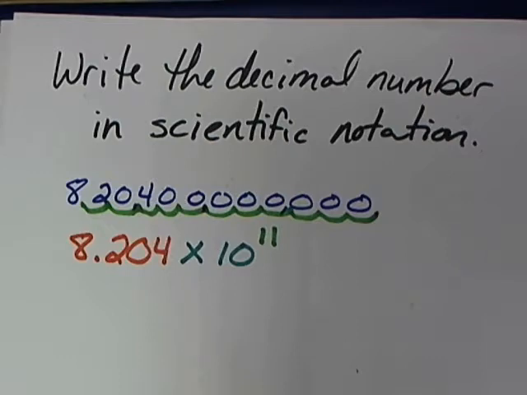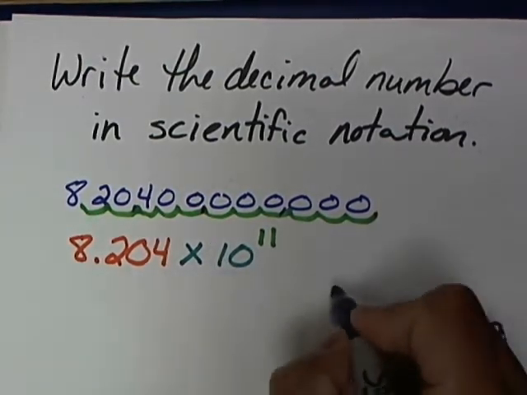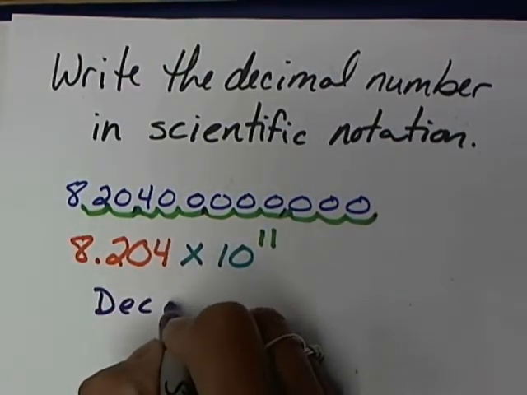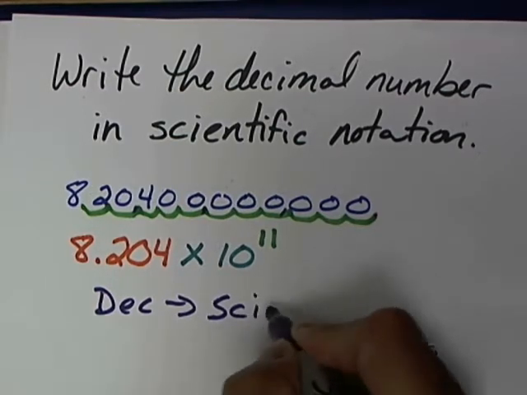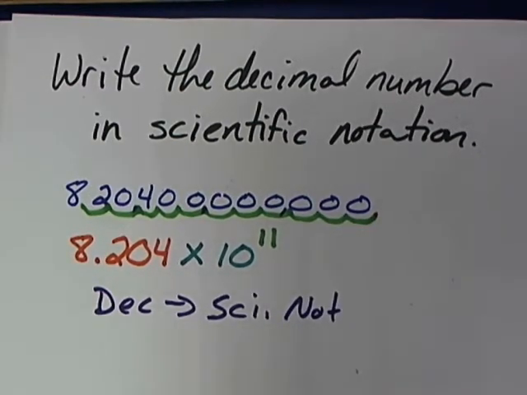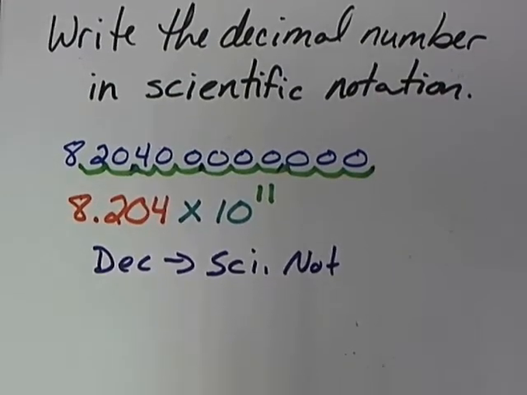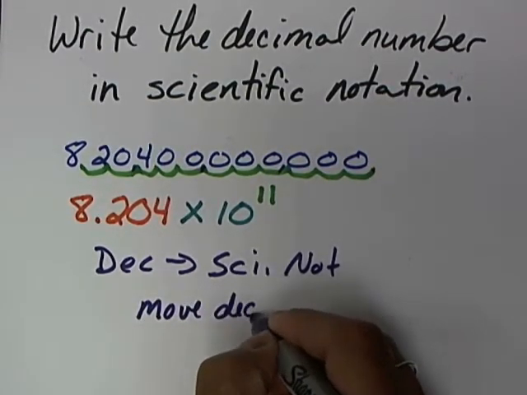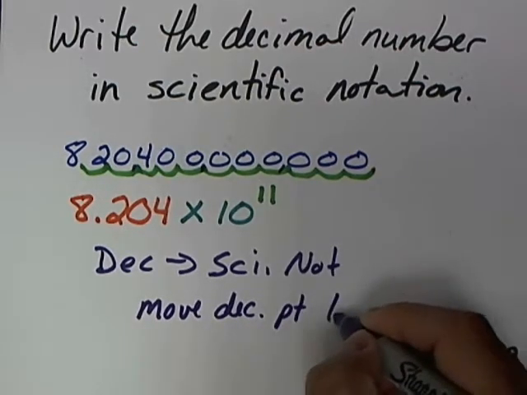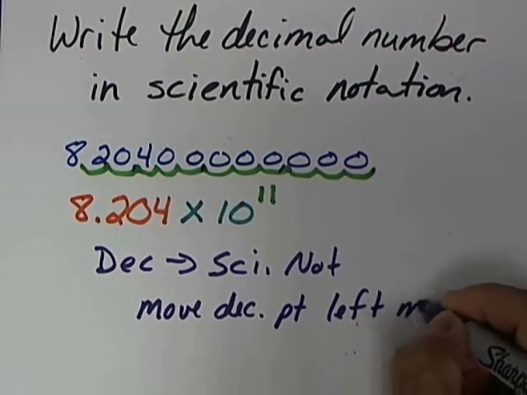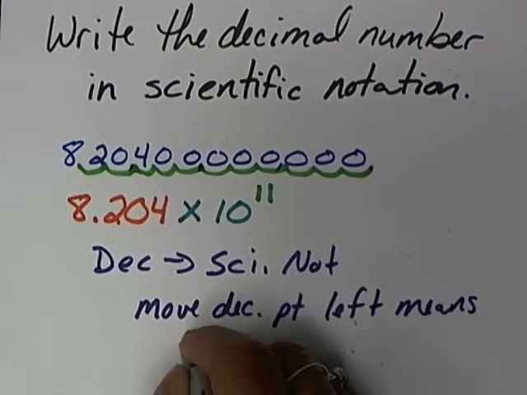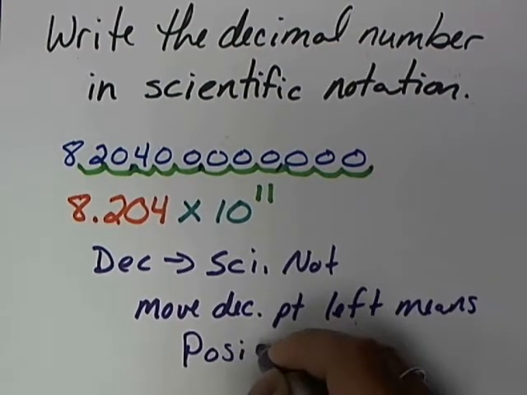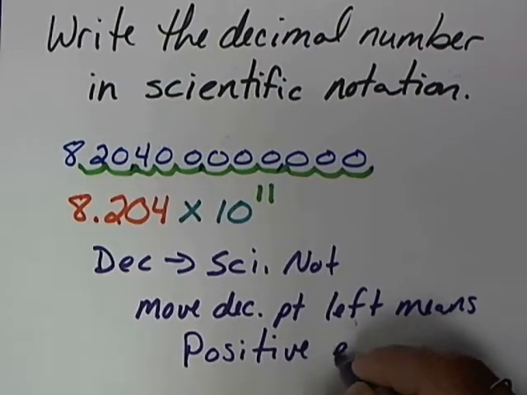So we moved our decimal point from the end to the left. So when we went from decimal to scientific notation, okay, moving your decimal point to the left means positive exponent on the 10.